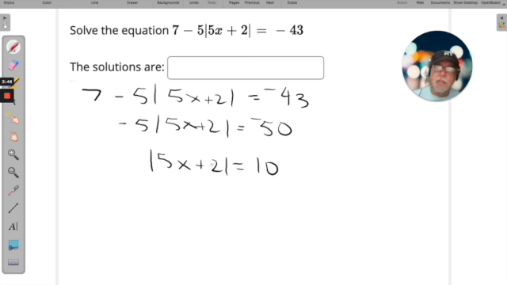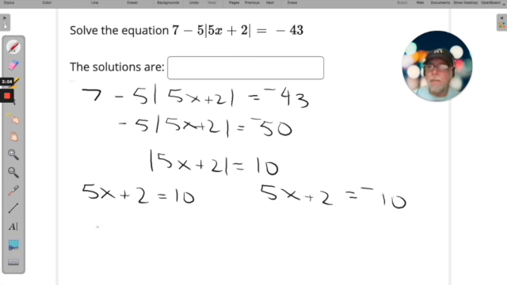At this point, you go ahead and solve. 5x plus 2 is equal to 10. 5x plus 2 is equal to negative 10. Then you solve like normal. So you're going to get x is equal to 8 over 5, which is equal to 1.6. And what is this going to become? 5x is equal to negative 12.